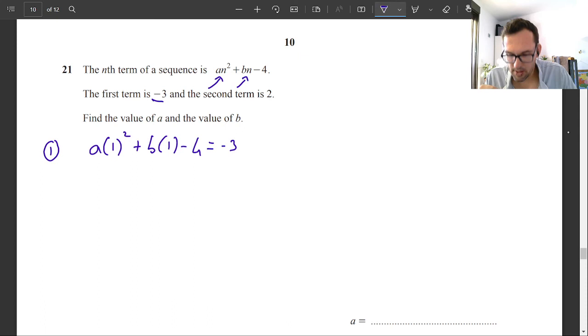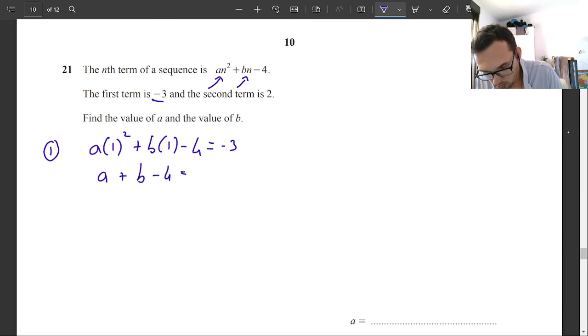Okay, so let's simplify that. 1 squared is 1, 1 times a is a, so we got a plus b times 1 is b, minus 4 equals minus 3. And just to make things look sweet, I'm going to add 4 to the other side. So we got a plus b equals 1.